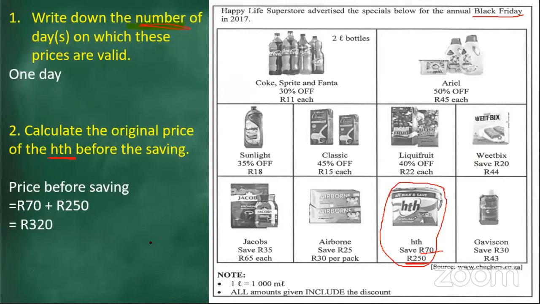Hemia has explained it's used for swimming pools. So now we know the heath is used for swimming pools. So the original price is 320 rands. But during this 1 day sale on Black Friday, you will buy it for 250 rands. So you're saving 70 rands.